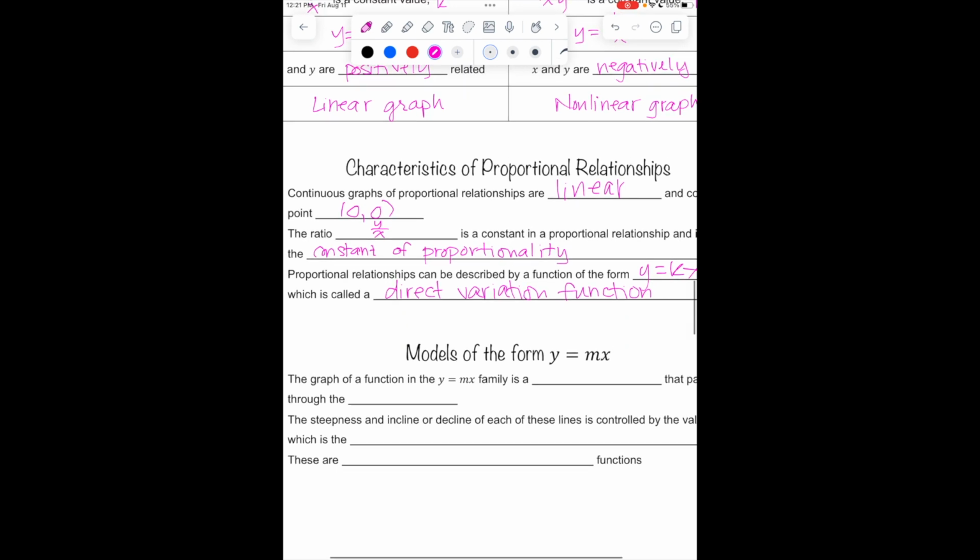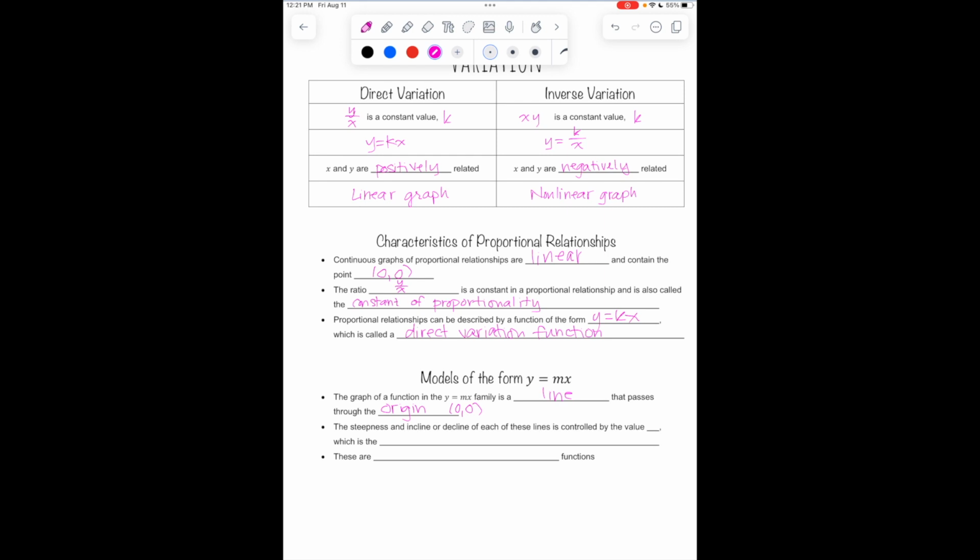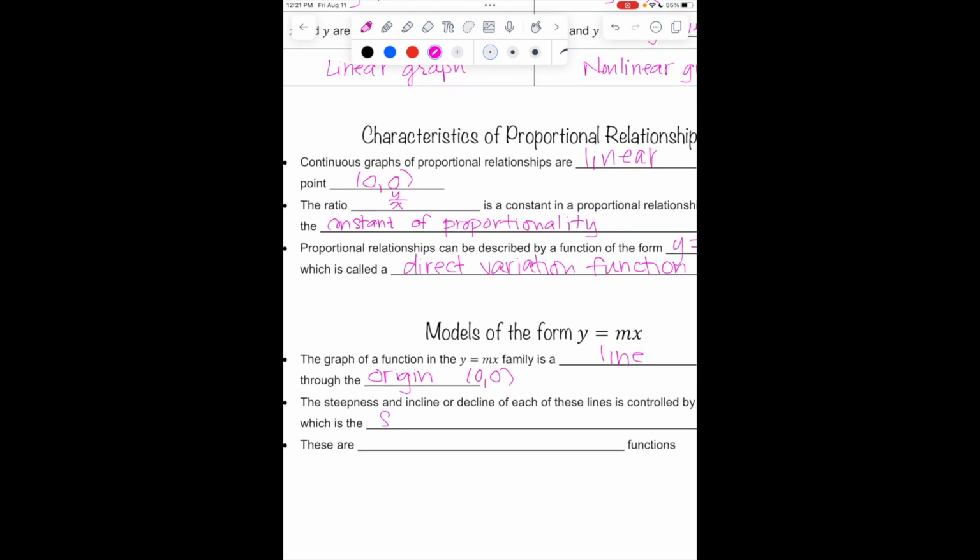Now, a specific type of proportional relationship is in this form y equals mx. So the graph of a function in the y equals mx family is a line that passes through the origin, which is 0, 0. The steepness and incline or decline of each of these is controlled by the value m, which is the slope of the line.